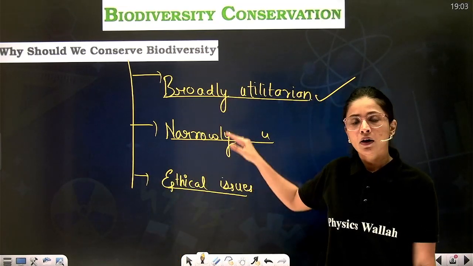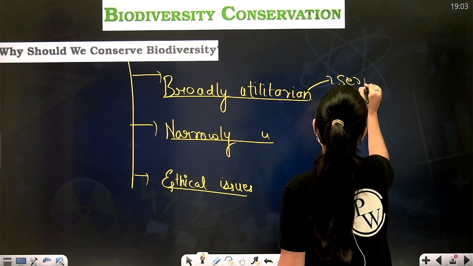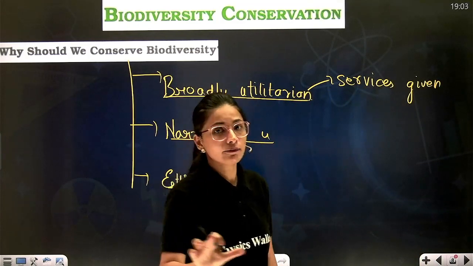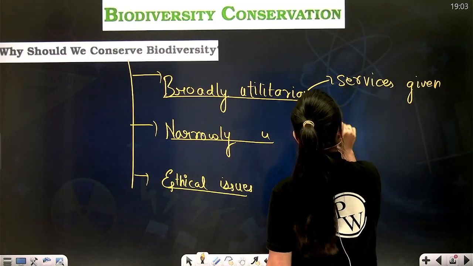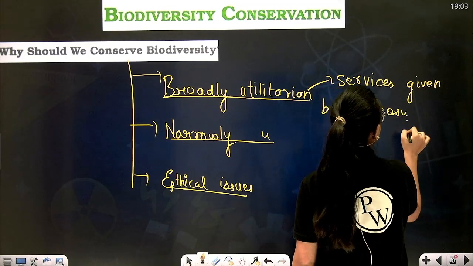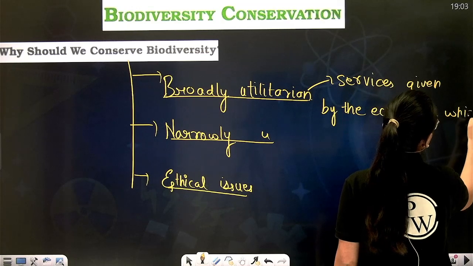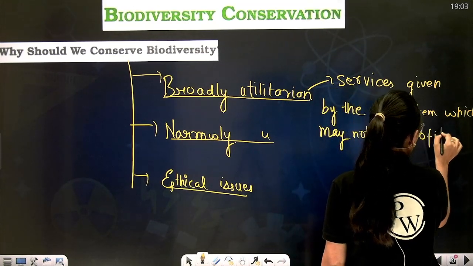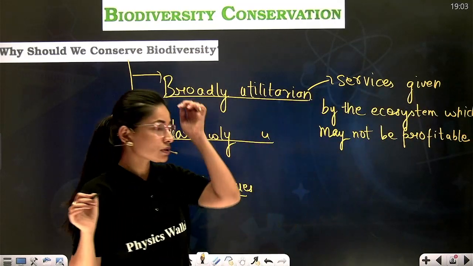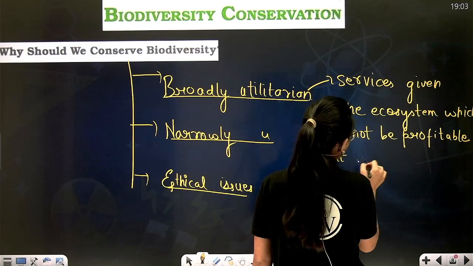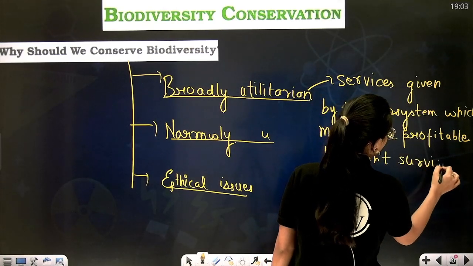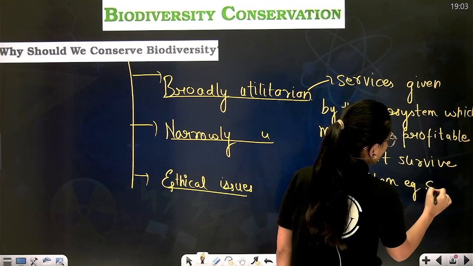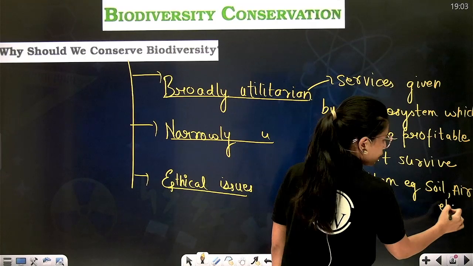Second is narrow utilitarian. Okay, broad utilitarian means services given by the ecosystem which are not profitable, from which you don't earn money, but still you can't live without them, like for example, soil, air, forest, everything.